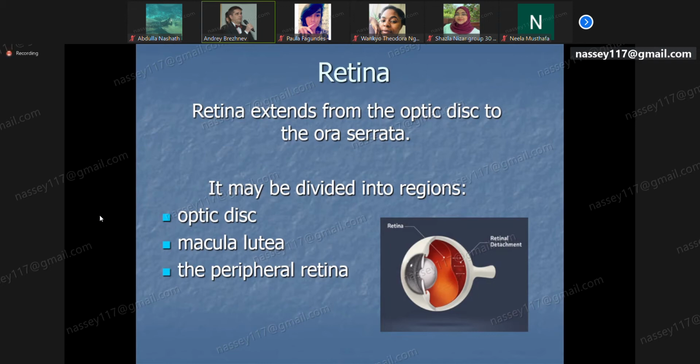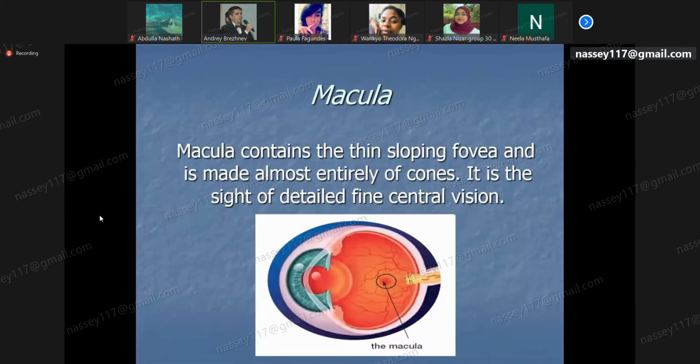It is a comparatively dark area situated temporally to the optic disc and the peripheral retina. The macula contains the thin sloping fovea and is made almost entirely of cones. It is the site of detailed fine central vision.